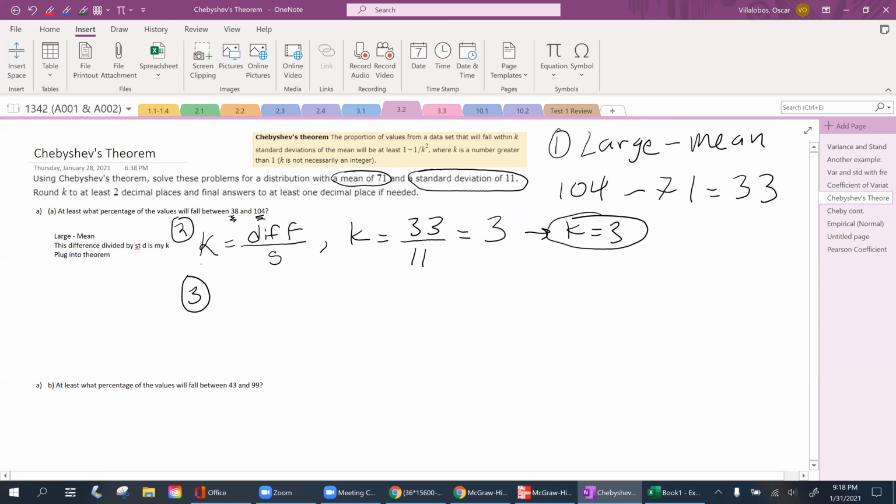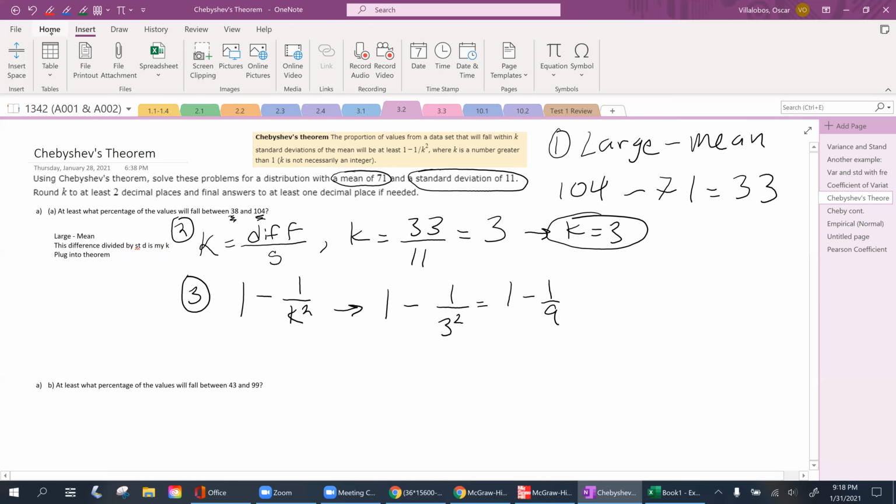And last but not least is plugging it into Chebyshev's theorem, simplifying 1 minus 1 over k squared. Well, that is 1 minus 1 over 3 squared, which is 1 minus 1 over 9.